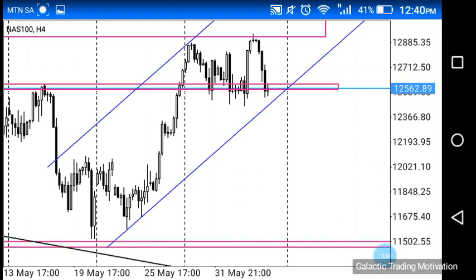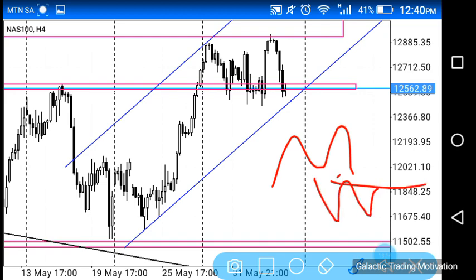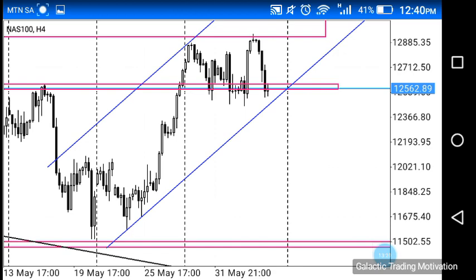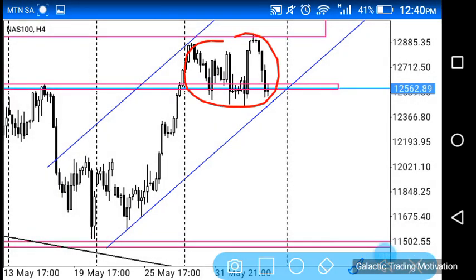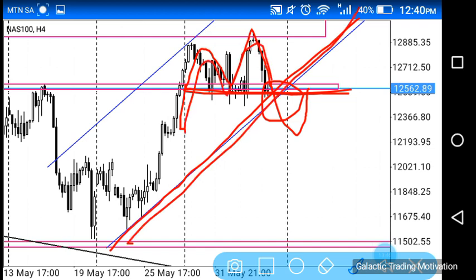So what else do we see on this chart that is interesting or significant? Just to add to the fact that we have that M structure as well as the W structure, and the necklines are close to each other, what may be wise to do, in my humble opinion, instead of selling here, is to wait for price to close below the neckline of this formation, and also close below this particular channel, and then wait for price to come back to retest the neckline of this formation as well as the channel, and then look for further selling opportunities to the point where we have that huge candle that has a whole lot of liquidity there.